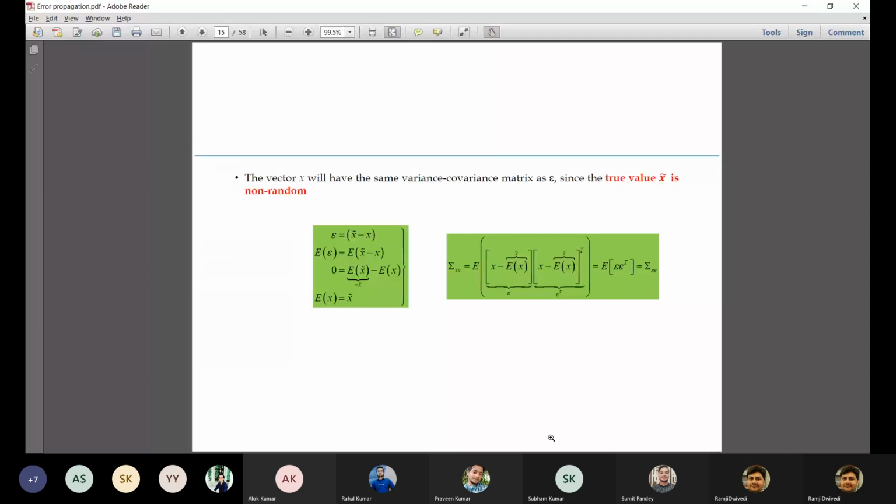Next slide. Then vector x will have the same variance covariance matrix as E, since the true value x is non-random. The value of x bar, which we also call the mean, is non-random in nature. So that proof is given here.